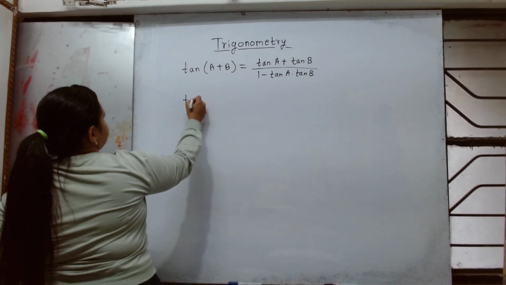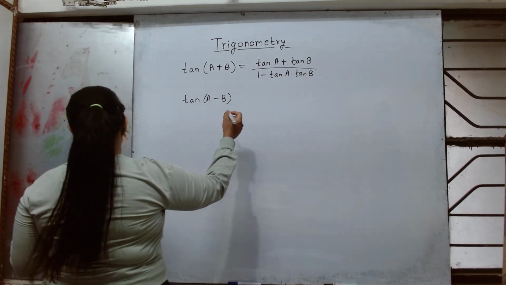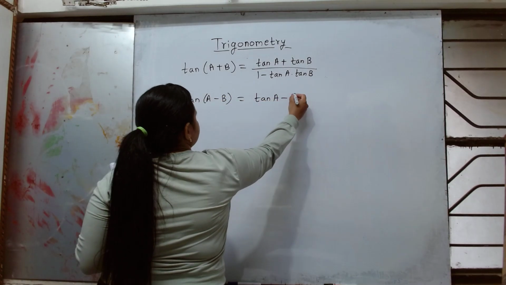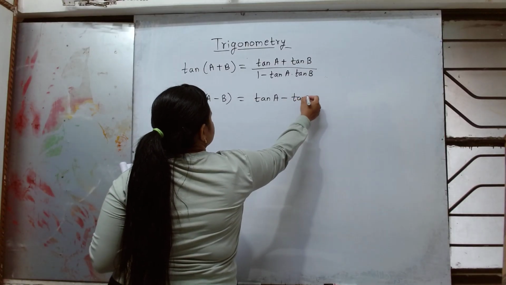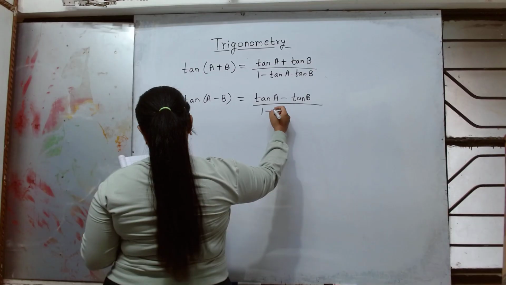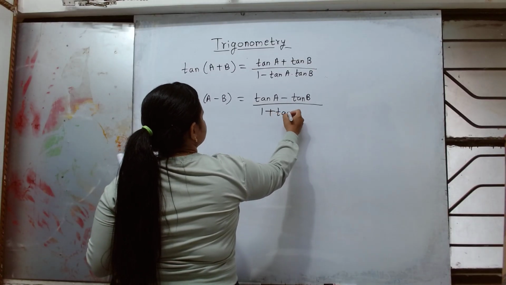For tan of a minus b, it is tan a minus tan b upon 1 plus tan a tan b.